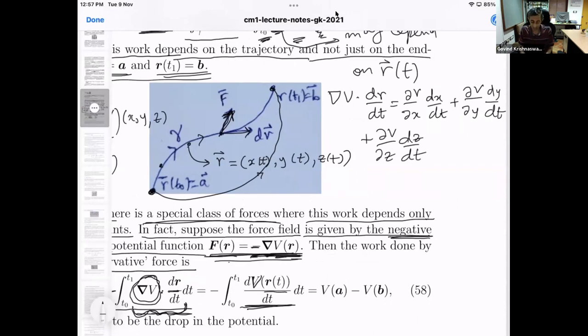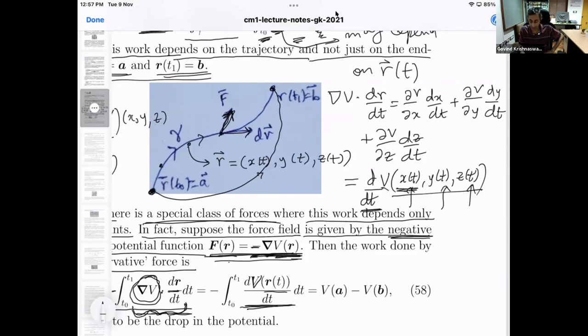Now, using the chain rule, I am going to declare that this is simply d by dt of V of x of t, y of t, z of t. This is a three-dimensional version of the chain rule. You have a function of three variables, each of which depends on time, and you want to differentiate with respect to time. Well, you must do what the chain rule tells you, namely first differentiate V with respect to the first argument, namely x.